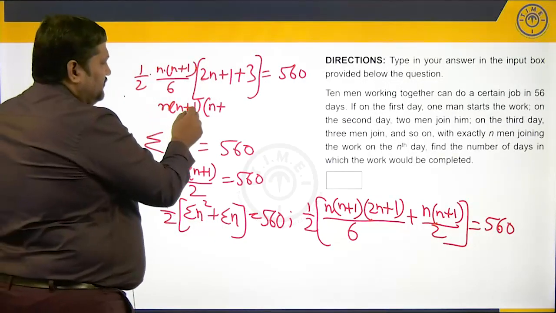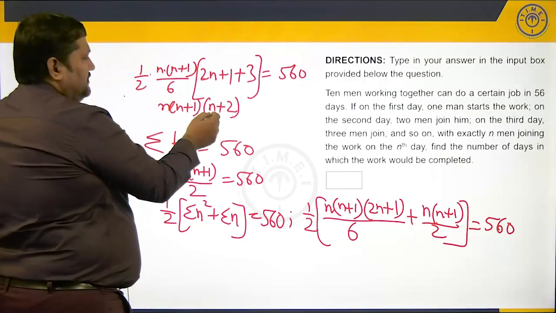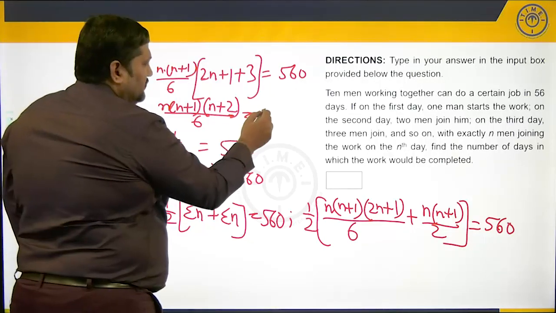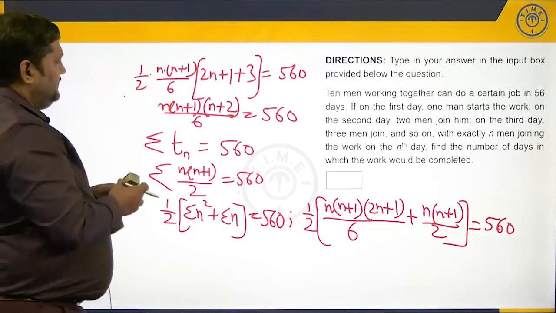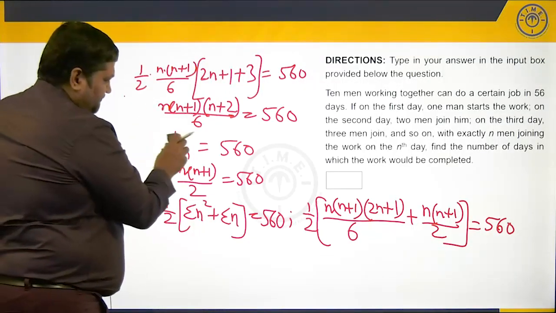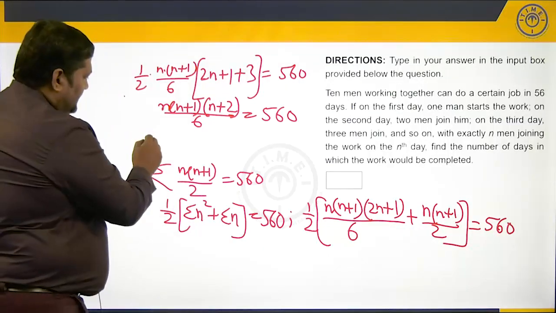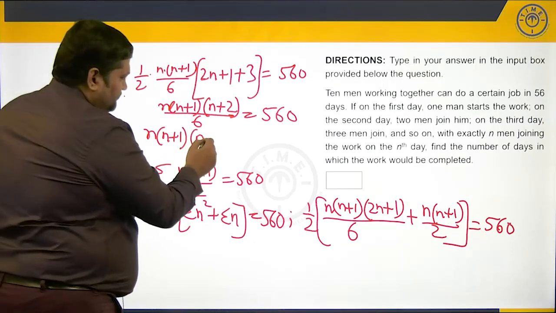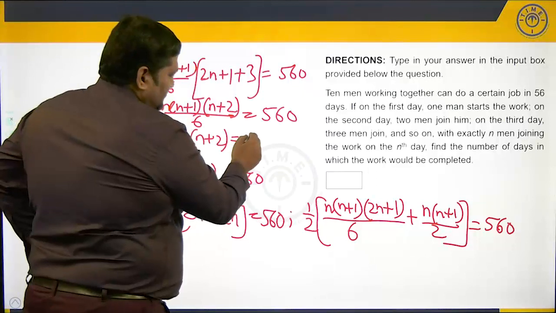So n into n plus 1 into 2n plus 4. If I take 2 away, I have n plus 2, 2 cancels off, divided by 6 is equal to 560. We have 3 consecutive terms n, n plus 1, n plus 2, equal to 6 into 560.